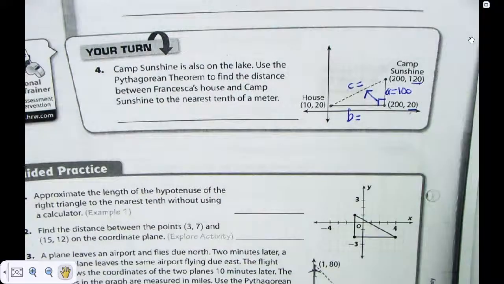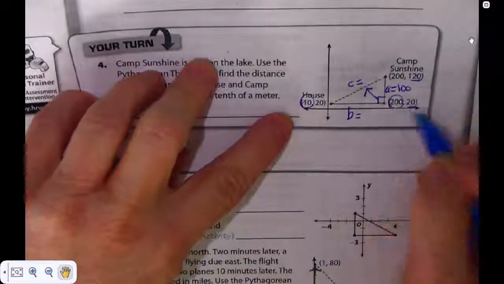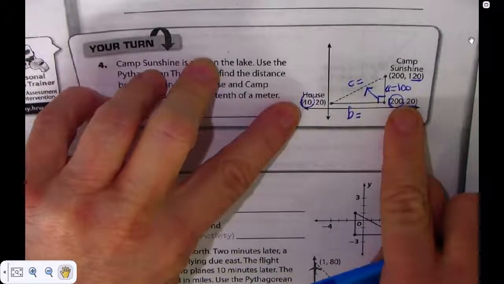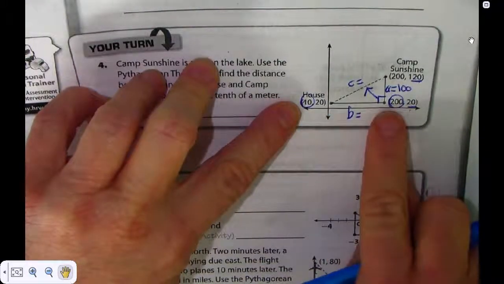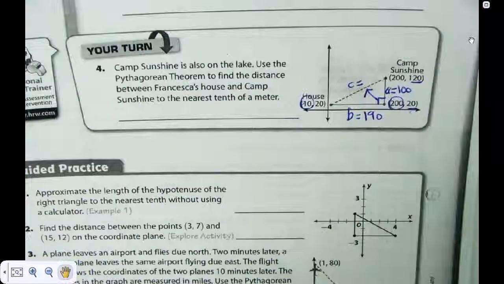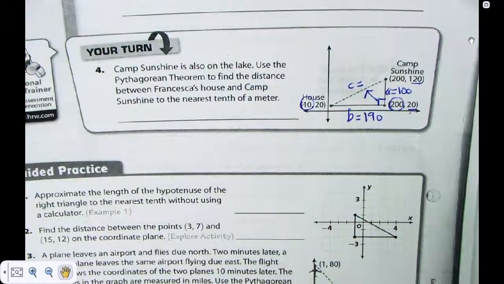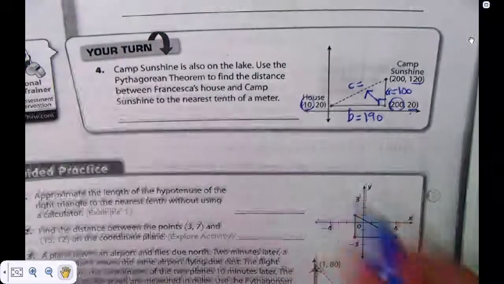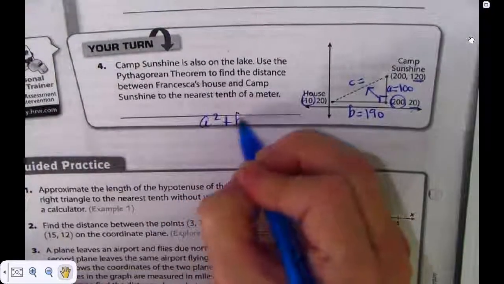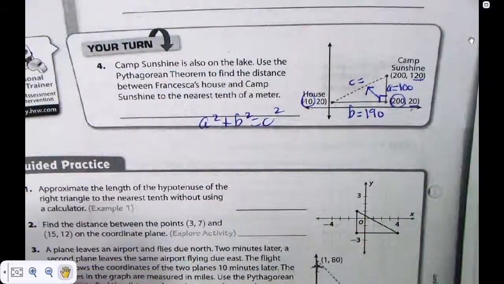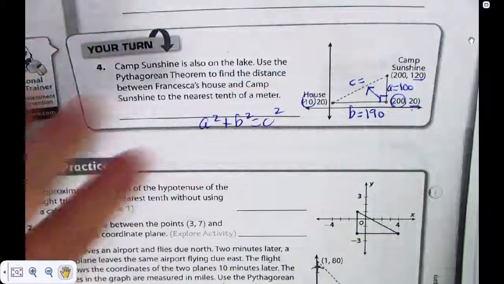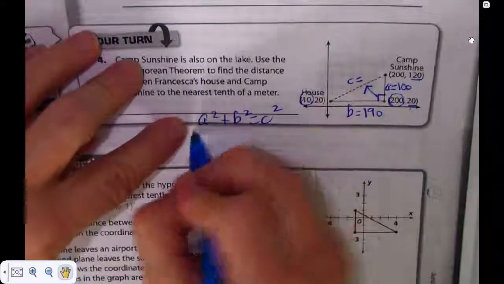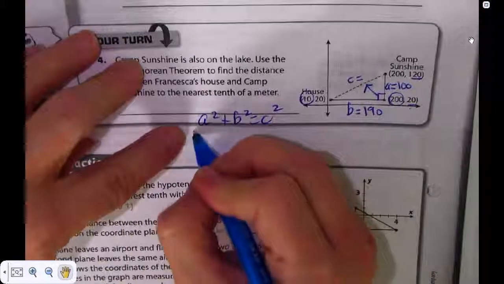Now, x goes across and b goes across. So now we're going to look at the x coordinates of these 2 points. So how far is it from there to there? 190. See, that's all that distance formula told us. To subtract our x's and our y's, and then we're going to use the Pythagorean theorem. You see? So we've labeled correctly, now let's follow it correctly.